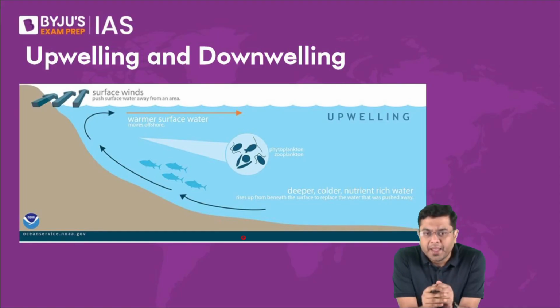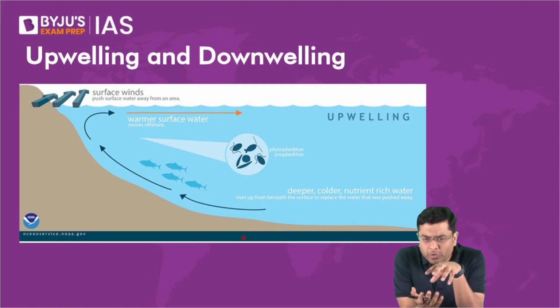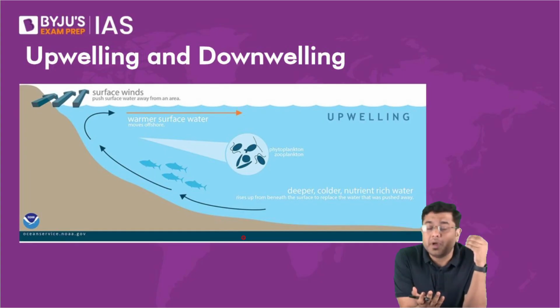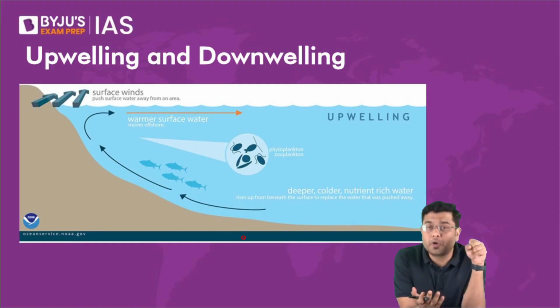Those dissolved salts are generally present at a lower level, not at the surface. Whenever upwelling happens, all those particles, the nutrients, iron particles, etc., are brought closer to the surface. So you have availability of nutrients closer to the surface, and you will also have availability of sunlight.